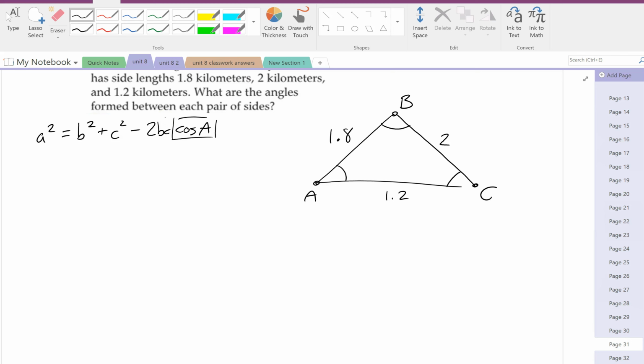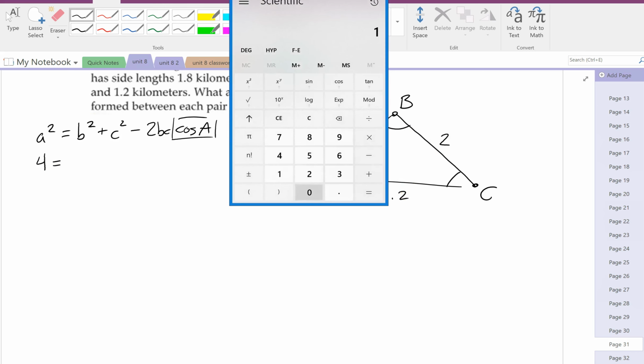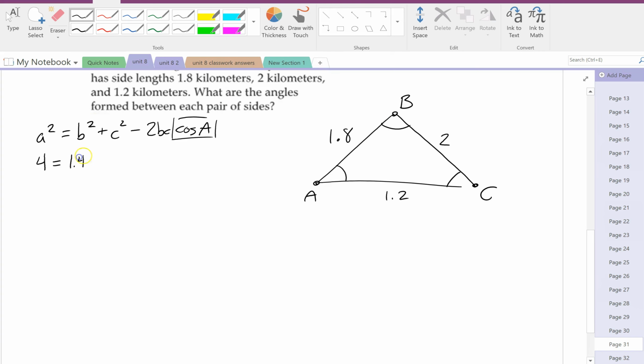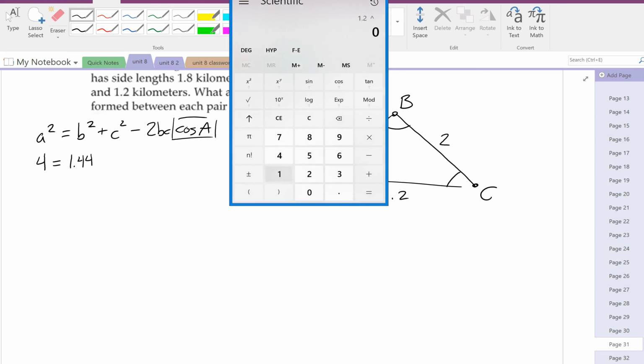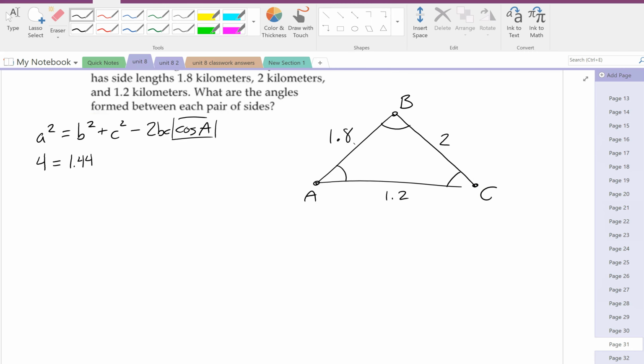So what is A? Well, A is 2, so 2 squared is 4. B is 1.2, so 1.2 squared is 1.44. And C squared, C is 1.8, so squared that's 3.24.